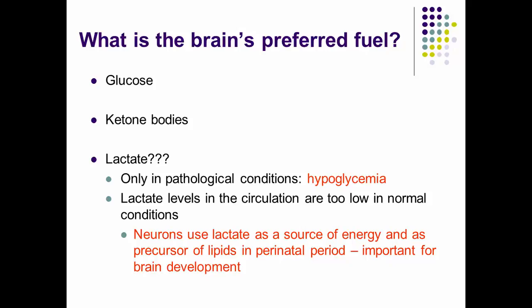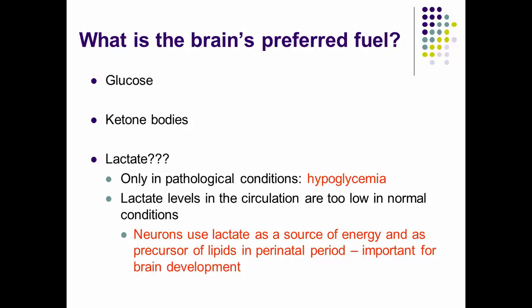Under hyperglycemia, the brain is able to utilize lactate, because the other tissues only go through partial oxidation of glucose to produce a lot of lactate.